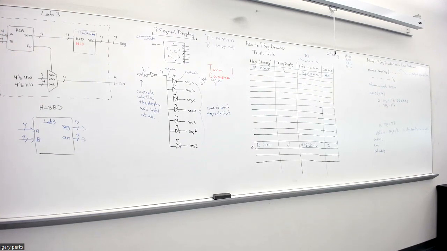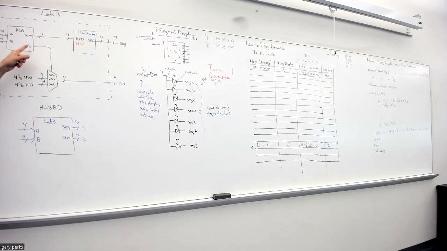Greater than 16. Right, because once that carry out lights, that means your result's more than 15. If your result is less than 16, 0 through 15, you'll just have a sum from 0 to 15, and your carry out will be 0. But once your addition is more than 15, your carry out is going to be a 1. Okay, so everybody, that's good.